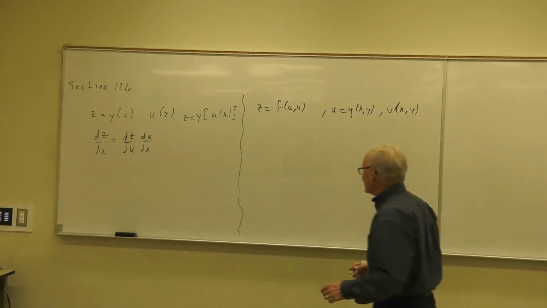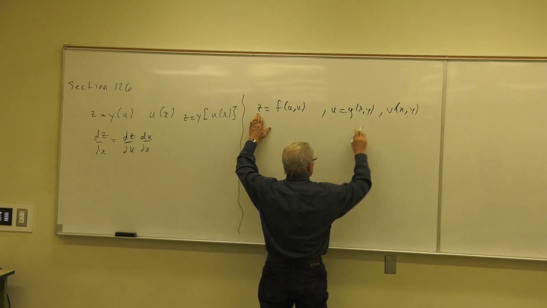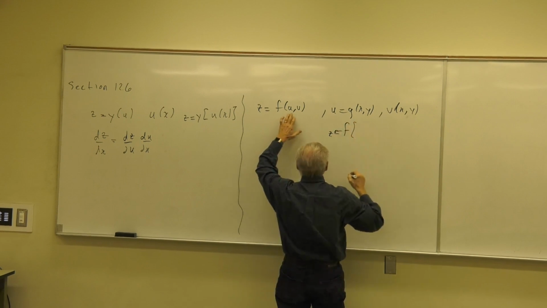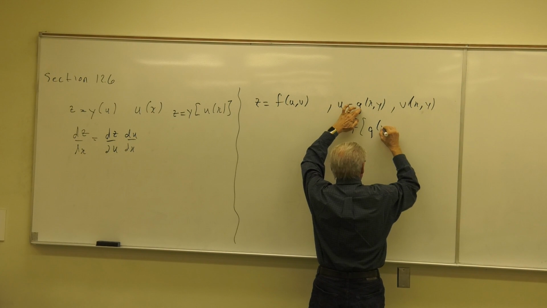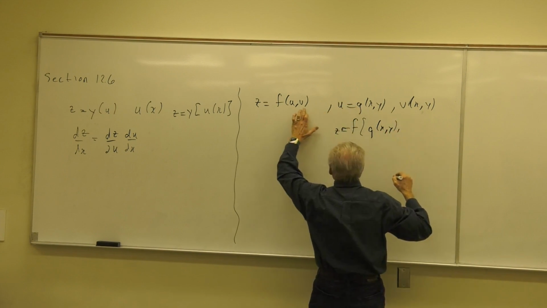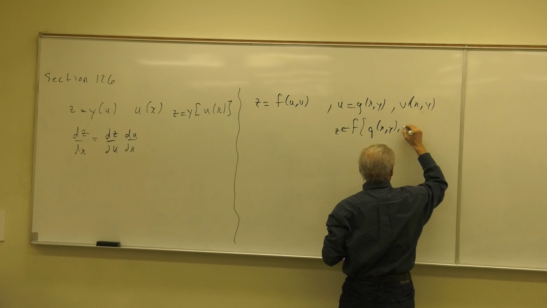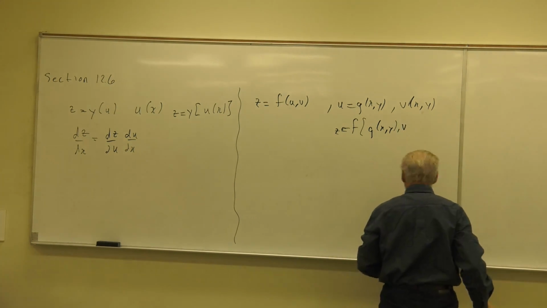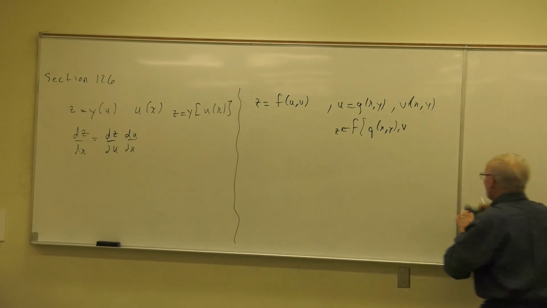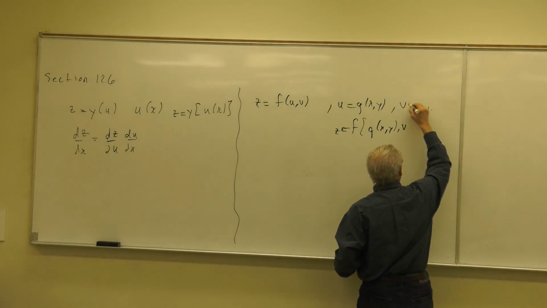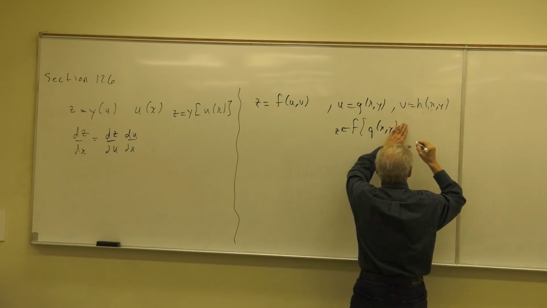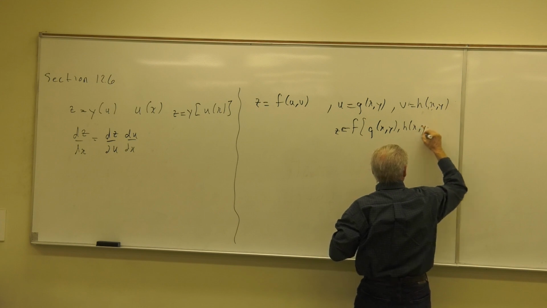This implies that z is a function of x and y. I could get it by saying every time you see a u in here, you put that, and every time you see a v in here, you put an h of x and y.